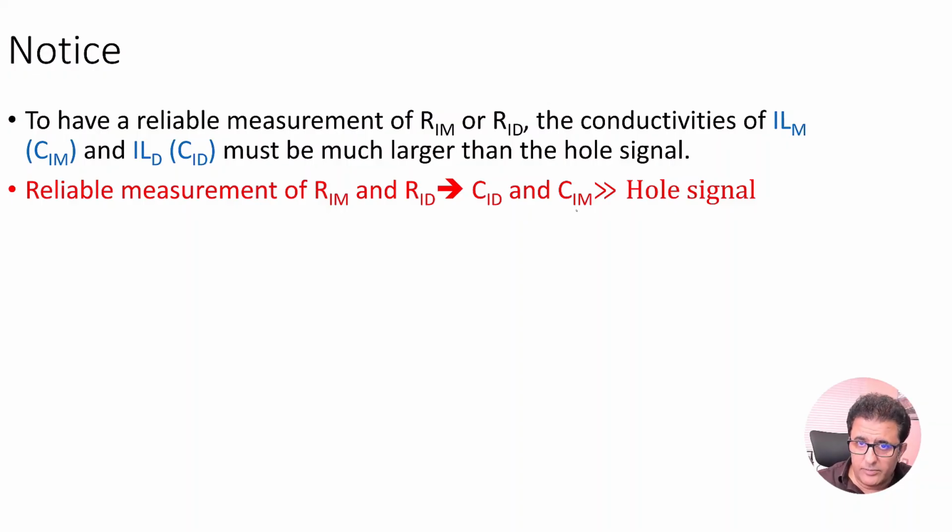If the value of the whole signal is much smaller than those conductivities, then we can say that the medium and deep readings of dual induction logs are reliable, and we can use them in our calculations. Otherwise, those readings are not reliable.